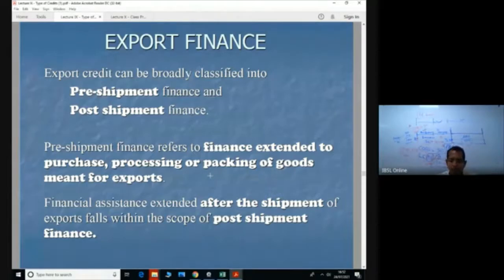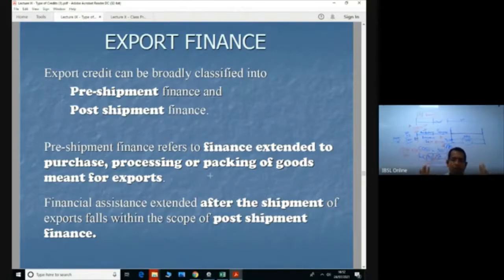That means you get an order, right? I am an exporter of cinnamon. I get an order from UK to export 2 containers of cinnamon, to the value of 10 million rupees. Right? I'm not sure about price, just say 10 million rupees.